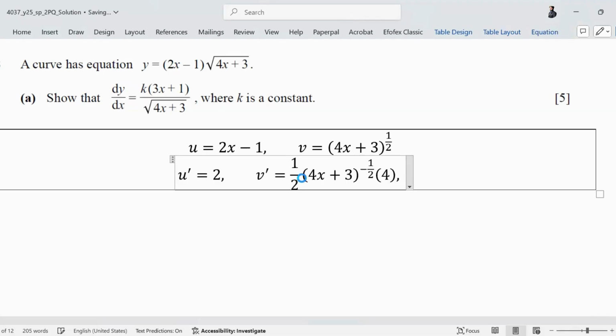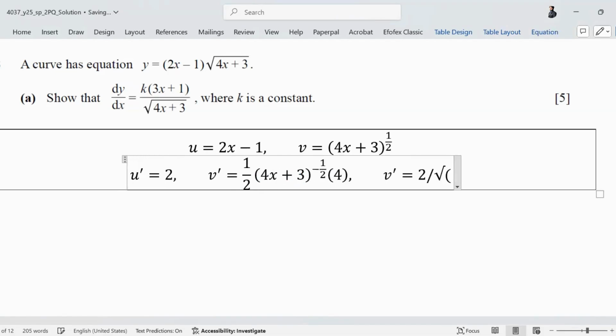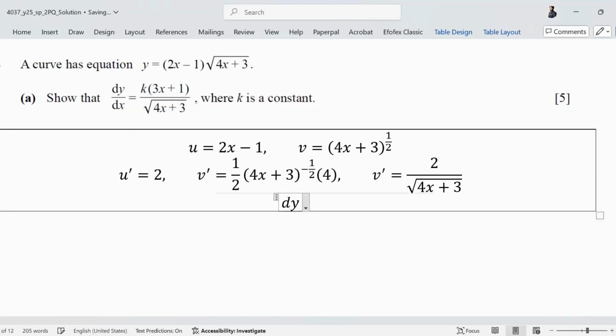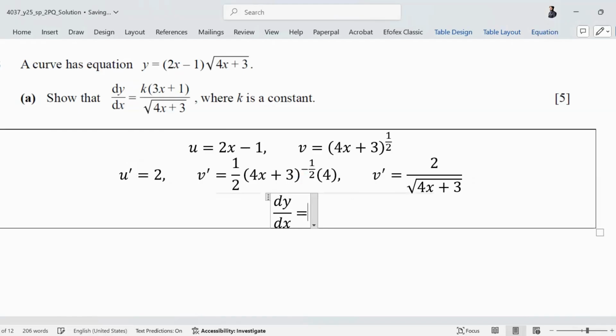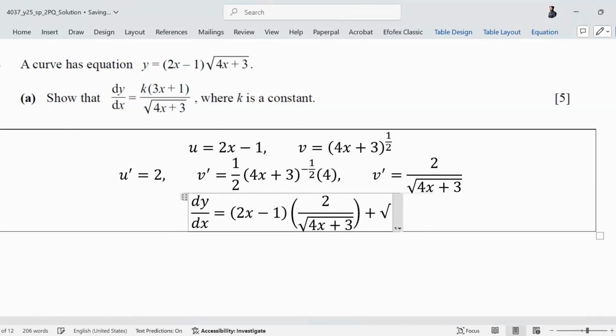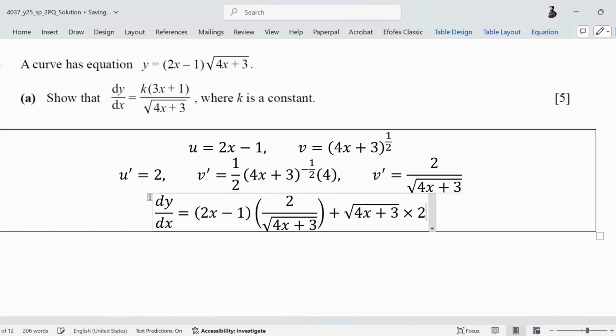So if I simplify, my v dash is 2 upon square root of 4x plus 3. Now in order to find dy by dx, I'll be applying the product rule. U will multiply by the derivative of v, 2 upon square root of 4x plus 3, plus v, square root of 4x plus 3, will multiply with the derivative of u.